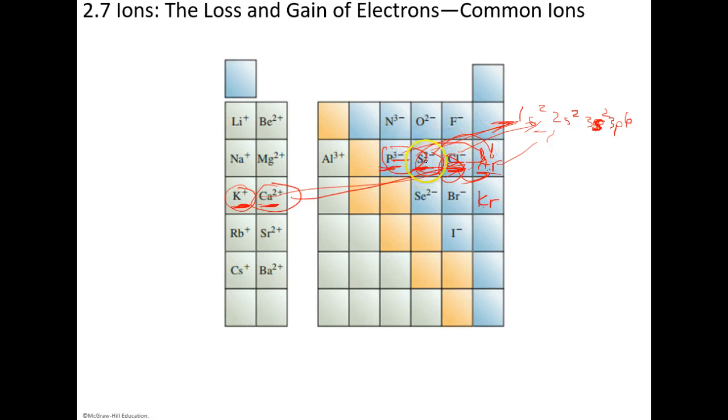Okay, like if we were to take sulfur, I'm going to show you this by looking at an orbital diagram. Sulfur is 1s2, 2s2, 2p6, 3s2, 3p4. Okay, let's look at the orbital diagram, just so we can get practice at orbital diagrams.